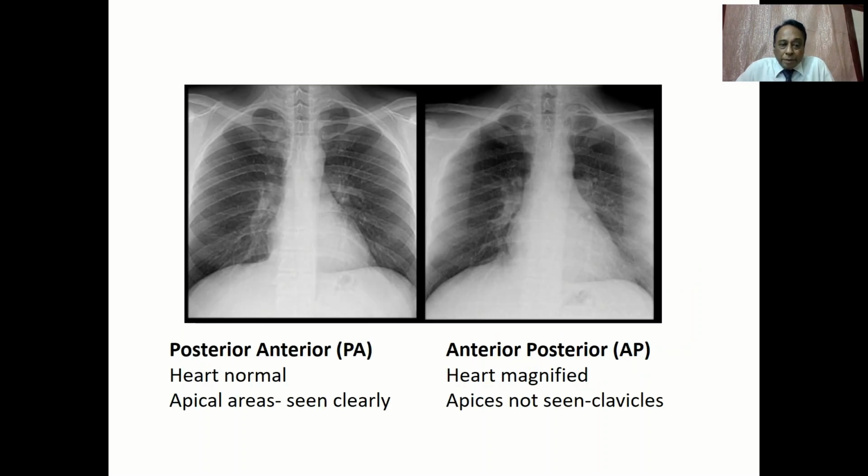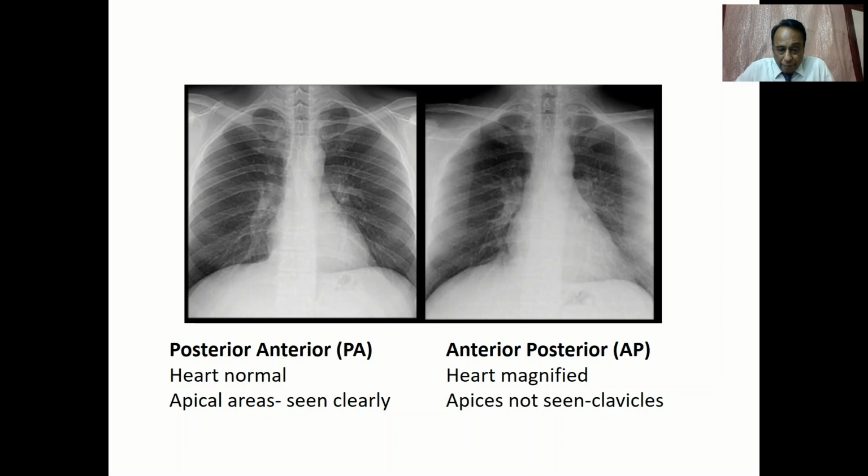Look at the same film taken as a PA view and an AP view. PA view, as I said, is a good, universal view without any magnification of the heart. And here we can see the apical areas of the lung distinctly.